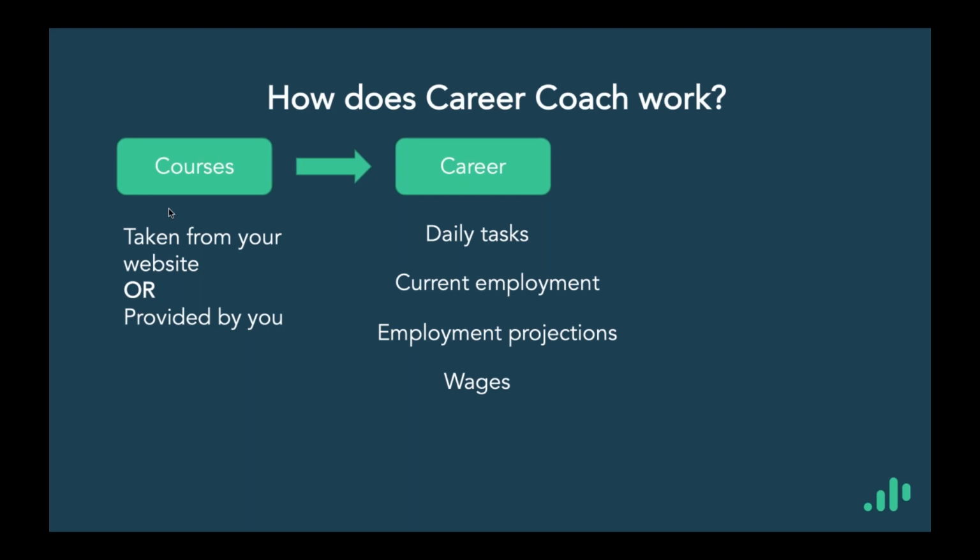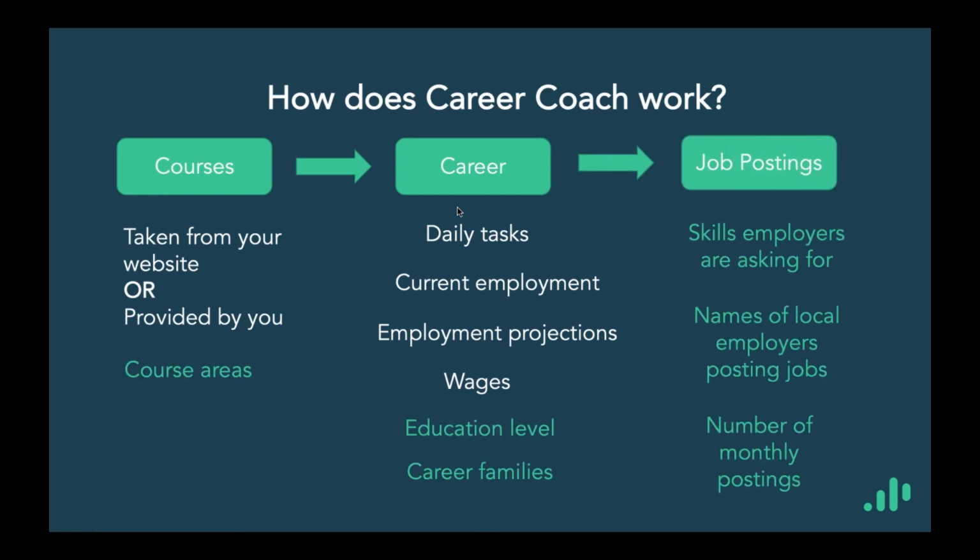And when we've taken all those courses, we map these to the careers that they train for. And we do this using SOC data, so Standard Occupation Classification data. So all of the courses that you offer mapped to the careers that they train for, and then we add in some contextualized real-time labour market data too. So with that SOC code, so that's the government classification of a job, an occupation, we can tag a whole host of data sets to that career.